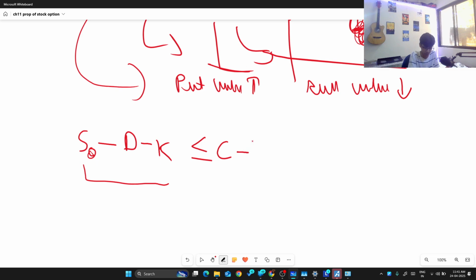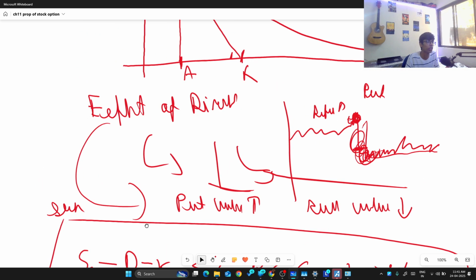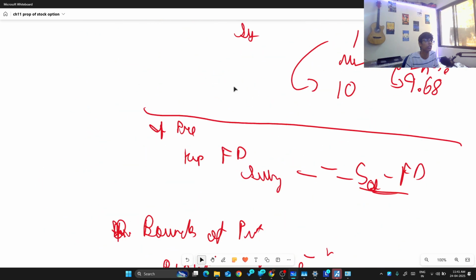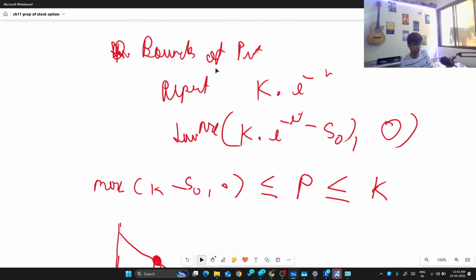C minus P is S0 minus D minus K e^(-rT). That's the put-call parity of a stock with dividend. And here we discussed stocks with no dividend, all the cases with non-dividend, and that's how it works.